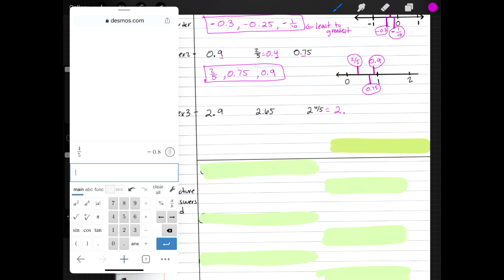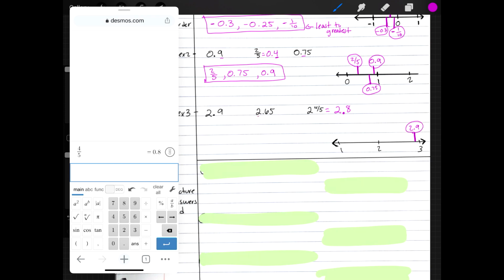So we have 2.8, right? So let's look at our number line. I got it from 1 to 3. Okay. And then let's look at where these numbers are. So 2.9, that is passing the 2 very close to 3, but not touching 3.